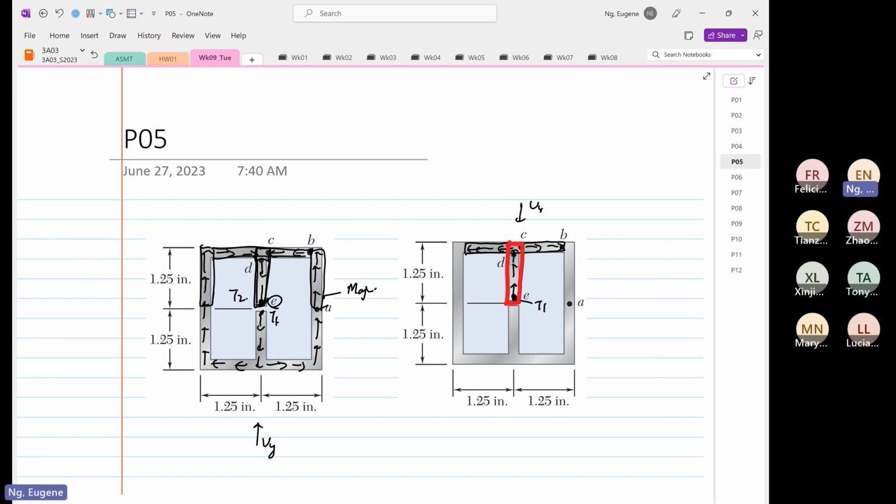Distance C to D is 1.25 horizontal distance. You're right. But what would be the difference? I'll show you what's the difference.